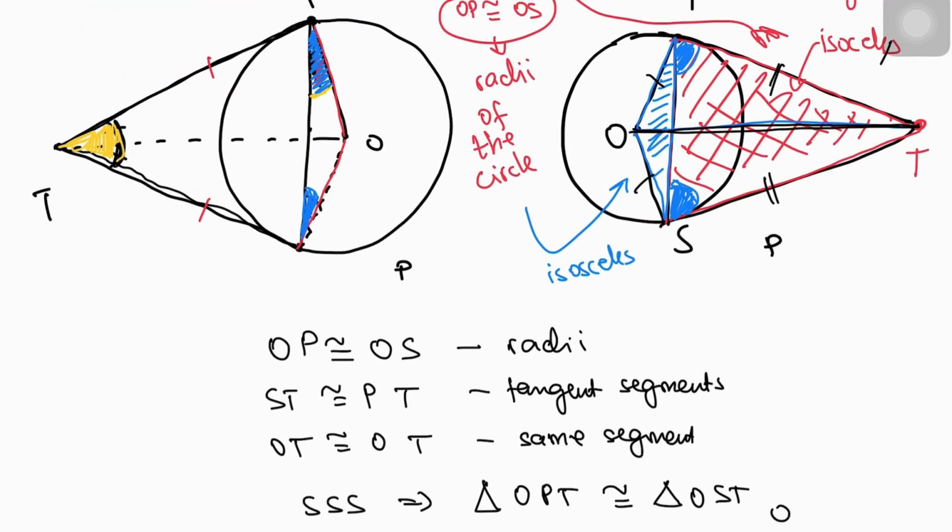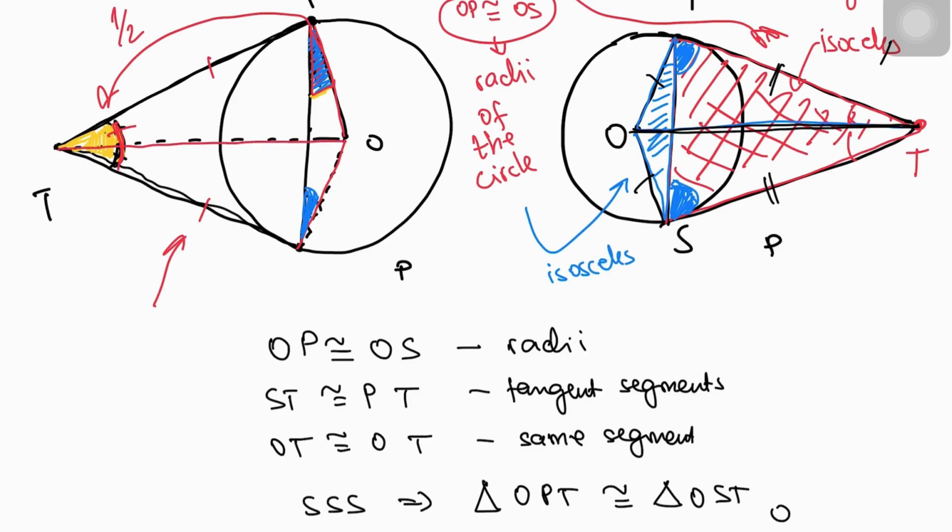Now, what we want to prove, looking at this image, is that this angle here is the same as this, but 1/2. Since OT is perpendicular, it is also bisecting this angle here.